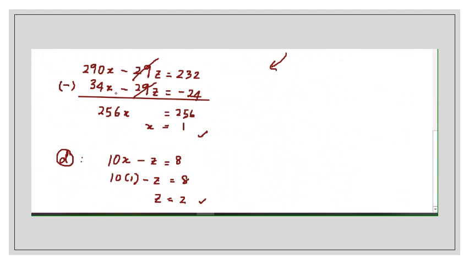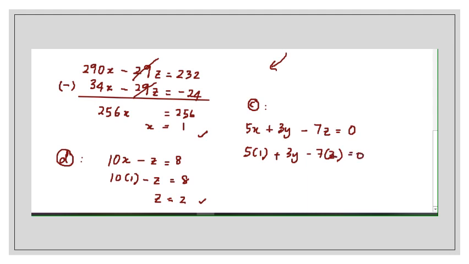For example, we choose equation C. Okay, from equation C, 5x plus 3y minus 7z equal to 0. 5 bracket 1 plus 3y minus 7 bracket 2 equal to 0.